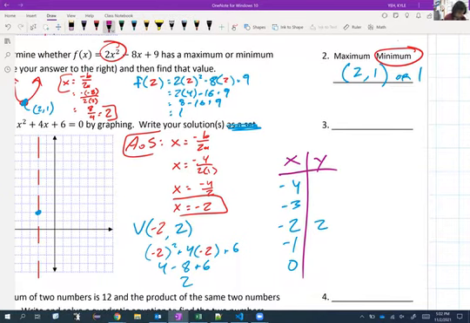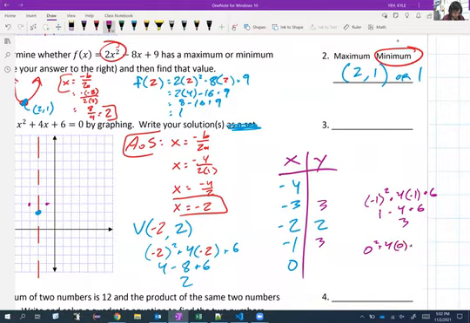If I plug in negative 1, I will get negative 1 squared plus 4 times negative 1 plus 6. 1 minus 4 plus 6 gives us 3. And this right here should start setting off alarm bells, because it looks like we're opening upwards. Let's try one more just to make sure. If I plug in 0, 0 squared plus 4 times 0 plus 6 is just 6.